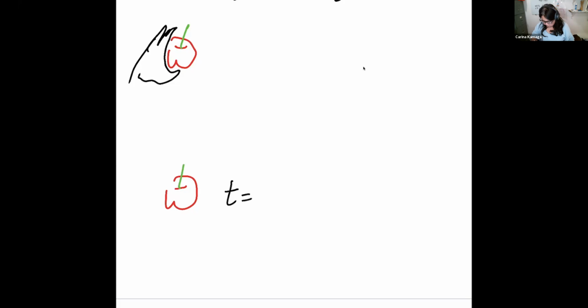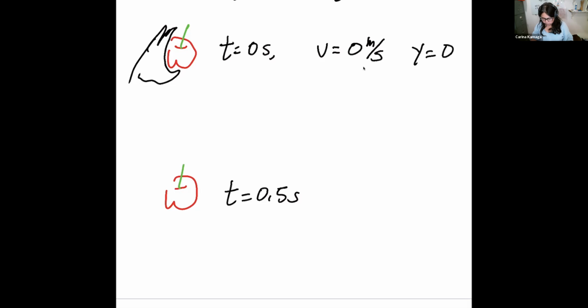When t equals 0.5 seconds. When t equals 0, what's the apple's speed? That equals 0 meters per second, y equals 0. And then at 0.5 seconds, the speed was 10 meters per second squared times 0.5, so it's 5 meters per second.